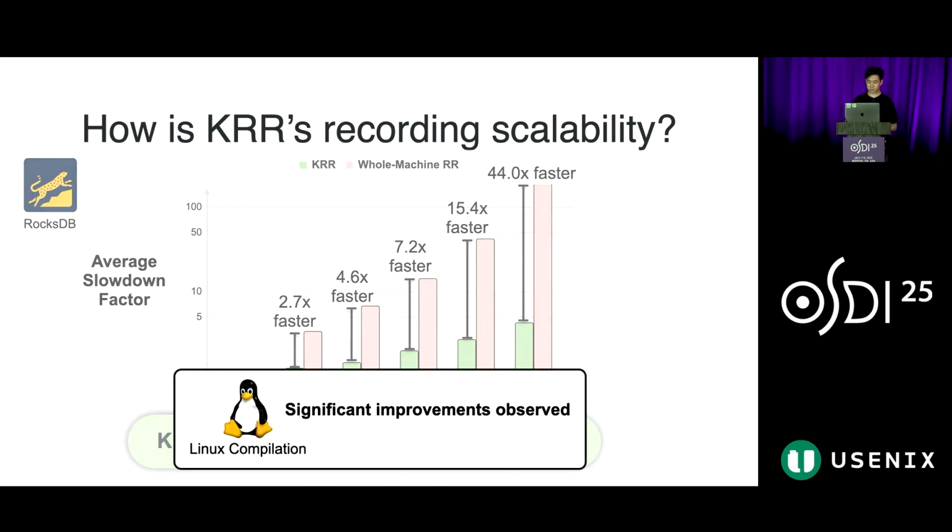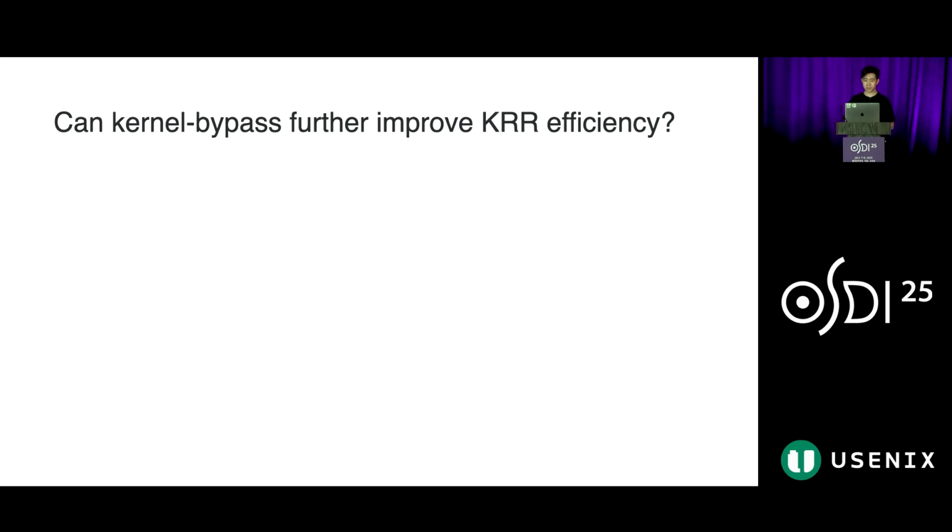We also observed significant improvements of KRR in Linux compilation workloads. The next question is, can KRR's efficiency benefit from kernel bypass workloads? In this part, we measure the KRR slowdown when running RocksDB with kernel bypass and kernel I/O in a 2-core VM.